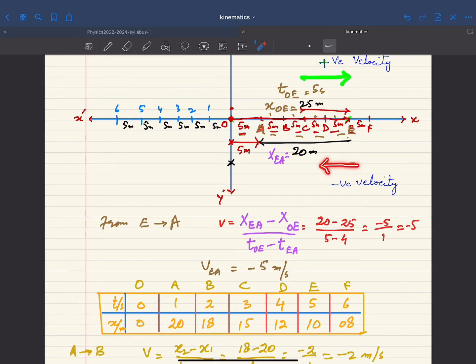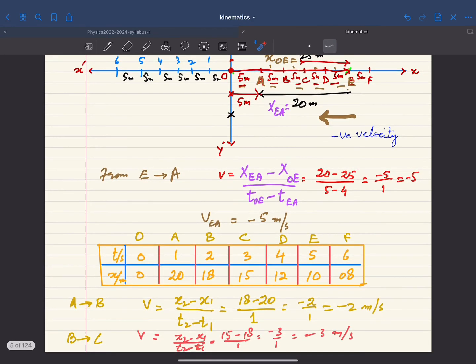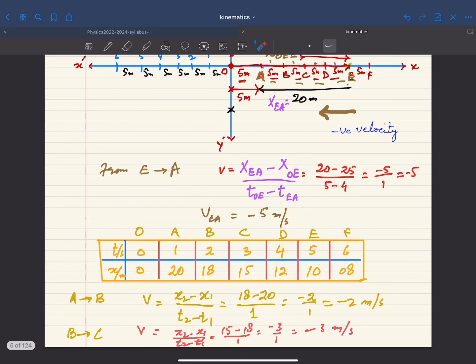Even if you are moving in the positive region, your velocity will be negative, and this negative, as I just told you, will not be the negative in the sense of decrease, but in the sense of direction. So this is very, very important. You have changed the direction, and this -5 is basically showing you that situation.